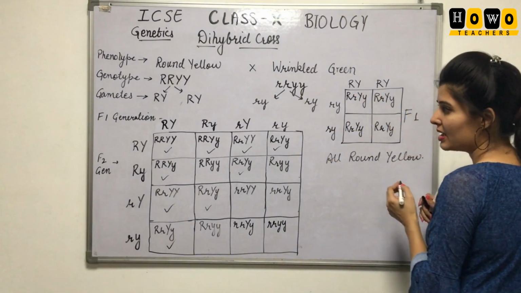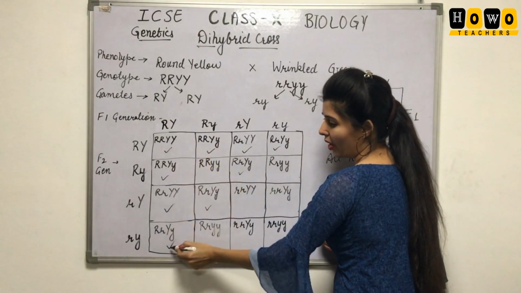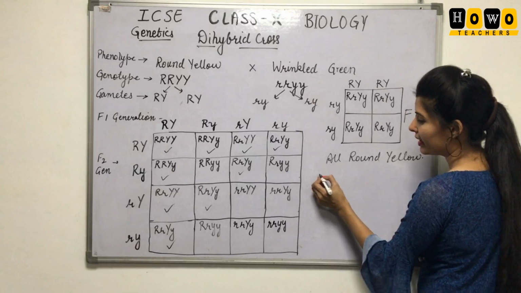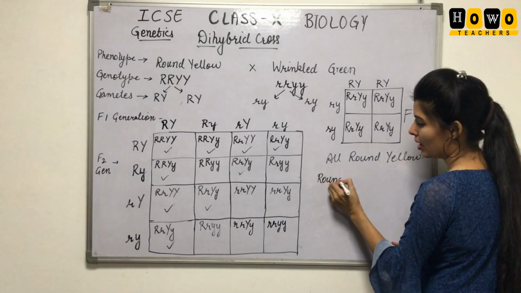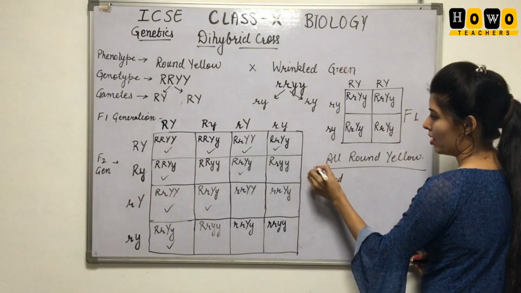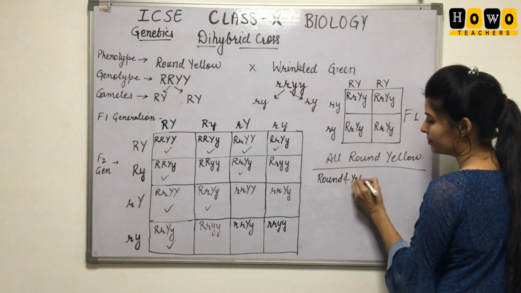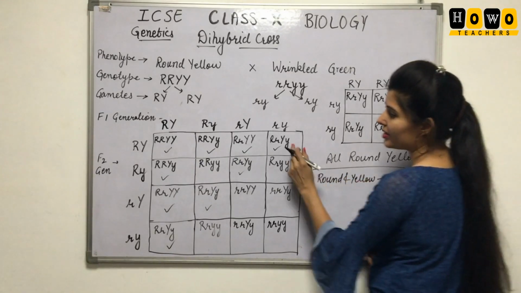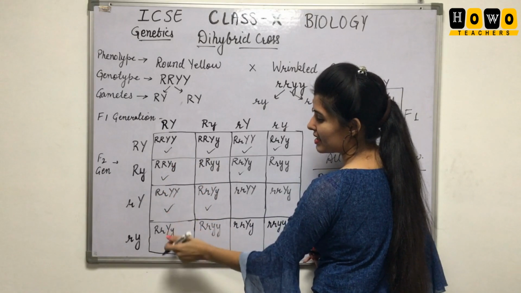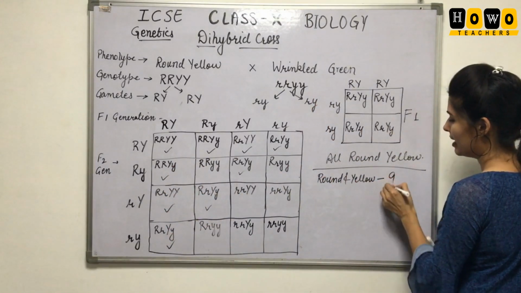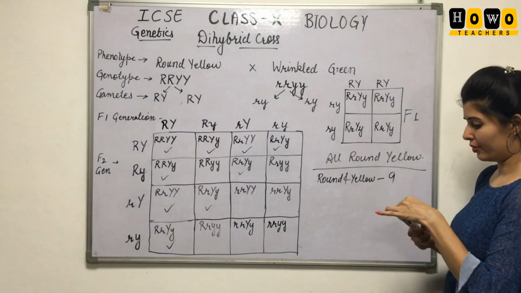So here you can see that all these are round and yellow. So I will be writing round and yellow, and the number is 1, 2, 3, 4, 5, 6, 7, 8 and 9. Nine are round and yellow.